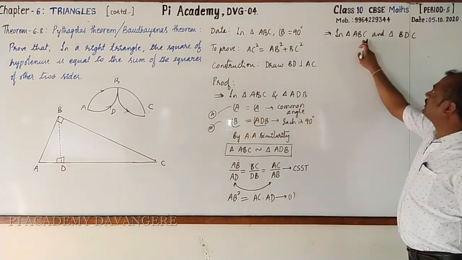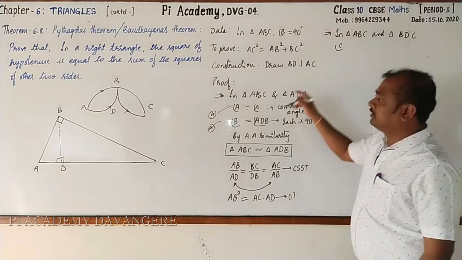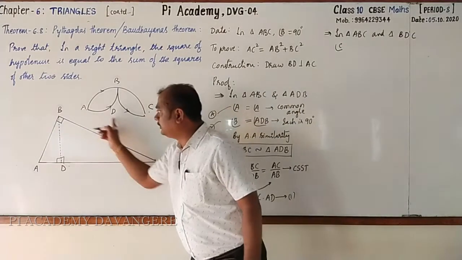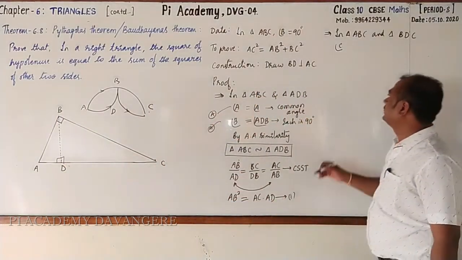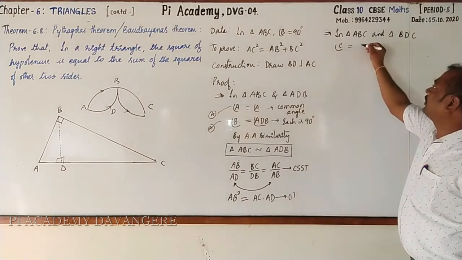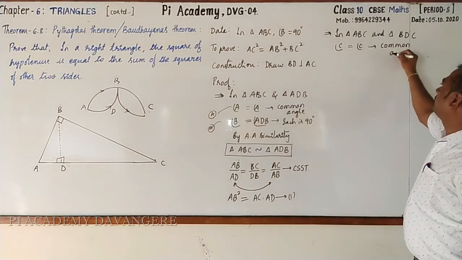In this, observe it, angle C is common. C is an angle of ABC. C is an angle of another triangle BDC. So angle C equal to angle C, which is common angle.